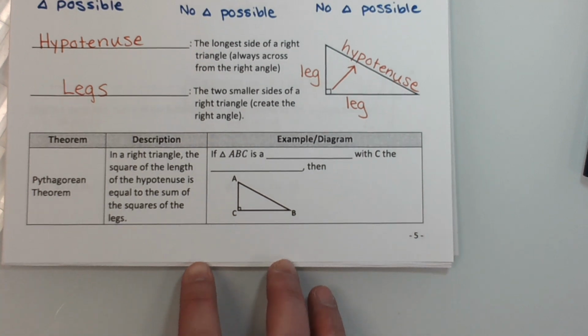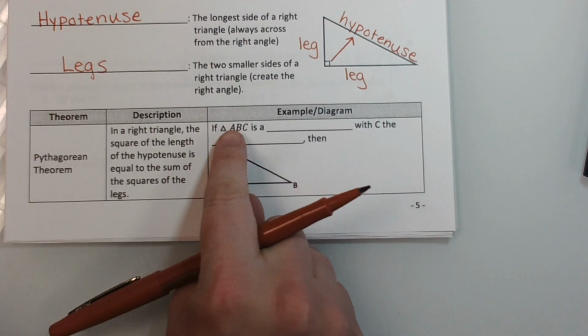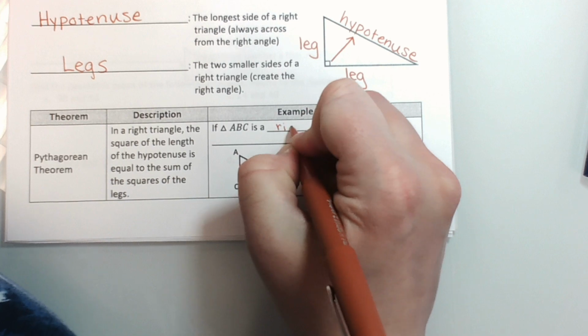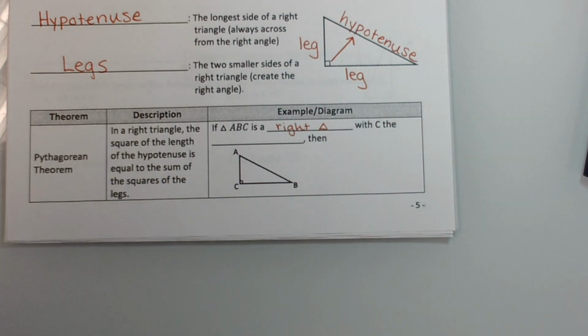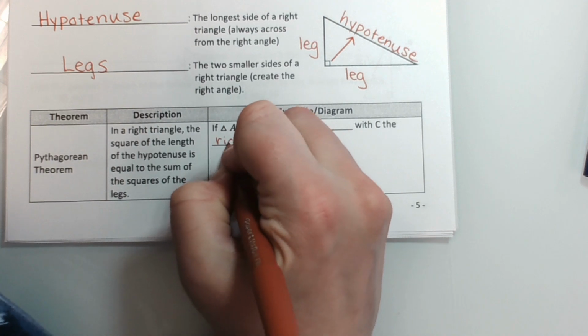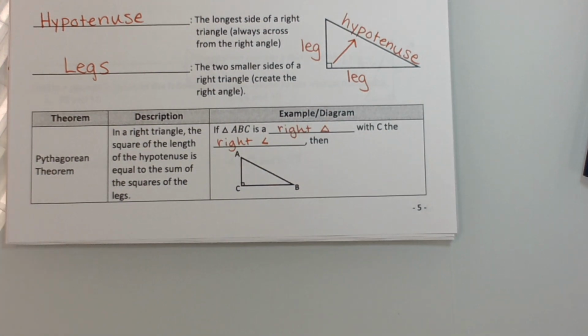Now, knowing about the hypotenuse and legs leads us to the Pythagorean theorem, which you would have talked about in middle school. So if I have triangle ABC, and if triangle ABC is a right triangle with C the right angle, then my triangle looks like this.